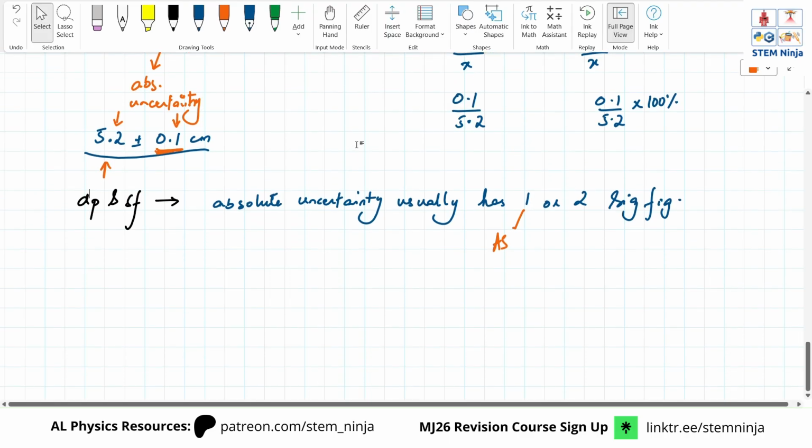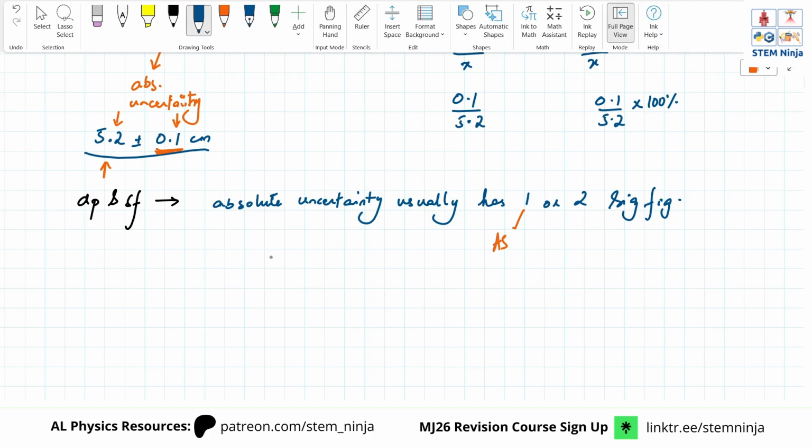So, for example, what that means is the raw measurement you have, for example, raw measurement is 12.345 centimeter, but the uncertainty, absolute x, or the delta x, is plus minus 0.2 centimeter.